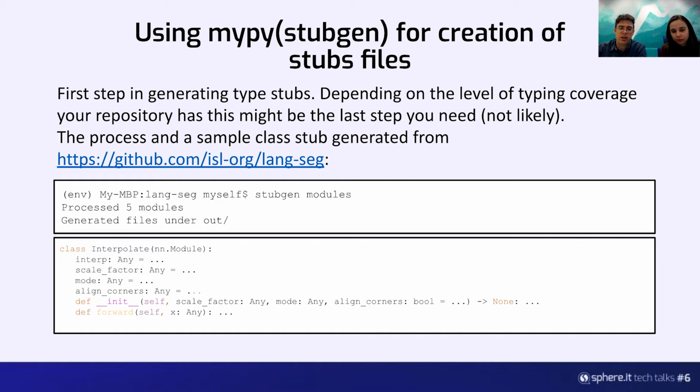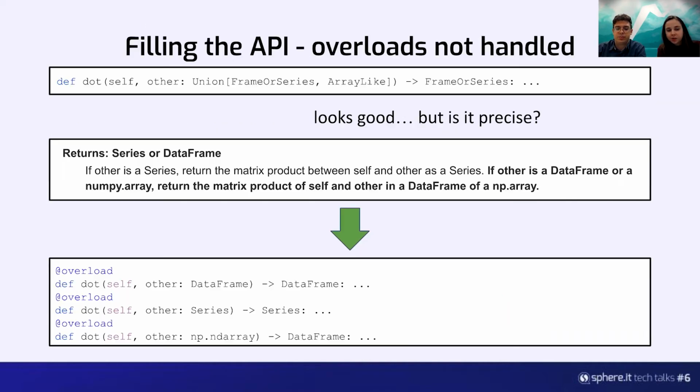As you can see, it looks like a regular Python class, however, with all the implementations of attributes just filled up by the ellipsis symbol.